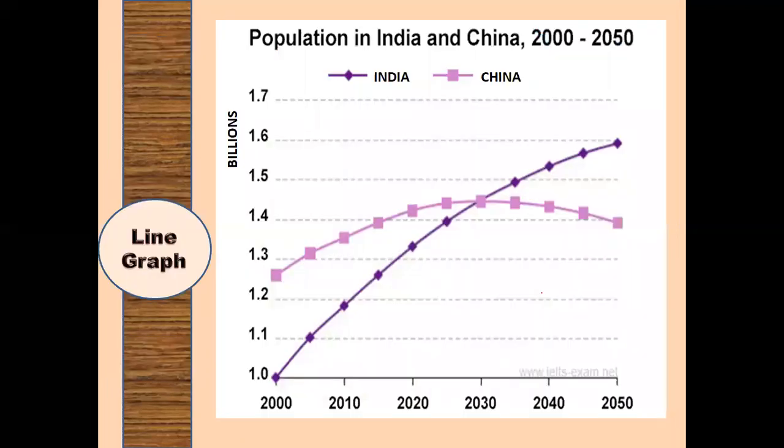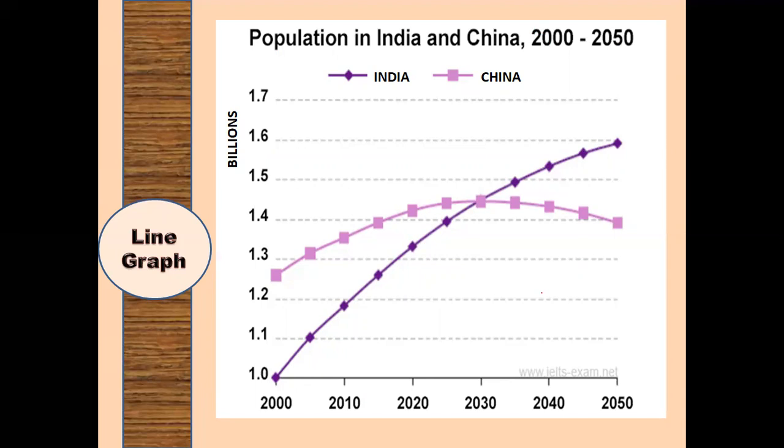Now come to the line graph. Look at this line graph given here. It is representing the population in India and China from 2000 to 2050. The dark purple line is representing India and the light purple line is representing China.